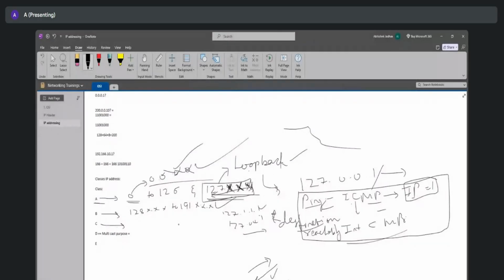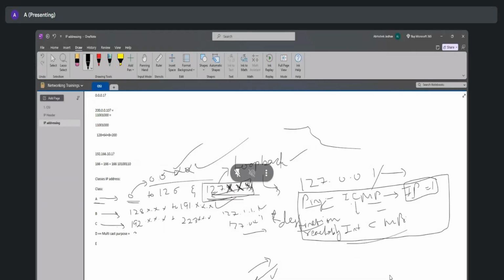Yes. Okay. Now, what about class C? Class C ranges from 192.x to 223.x, right?